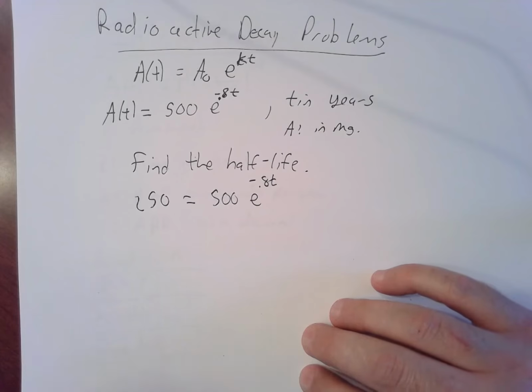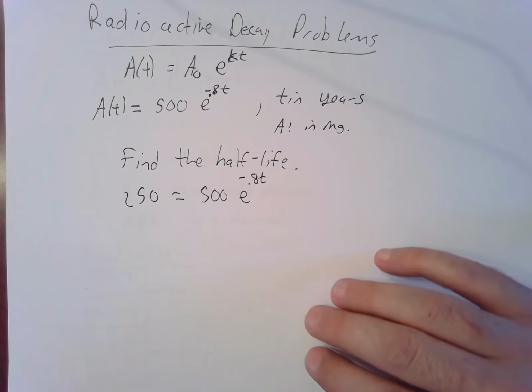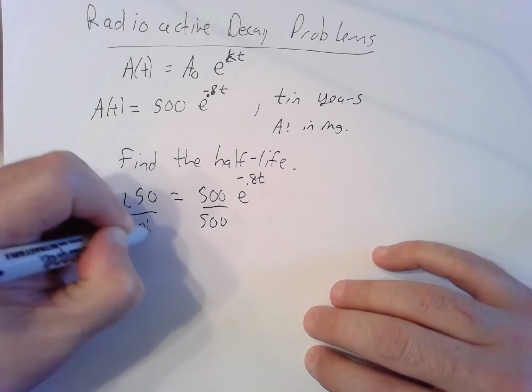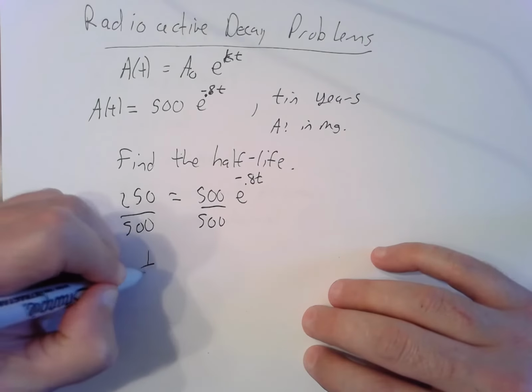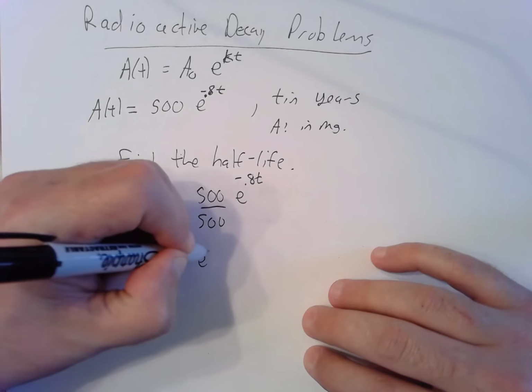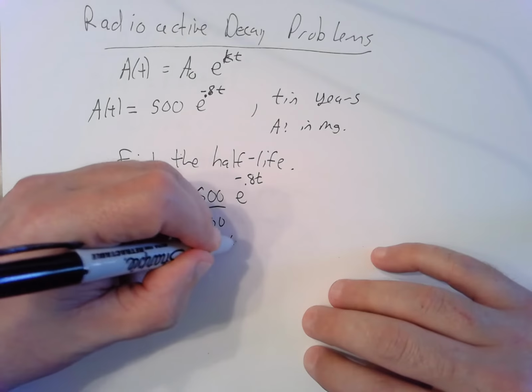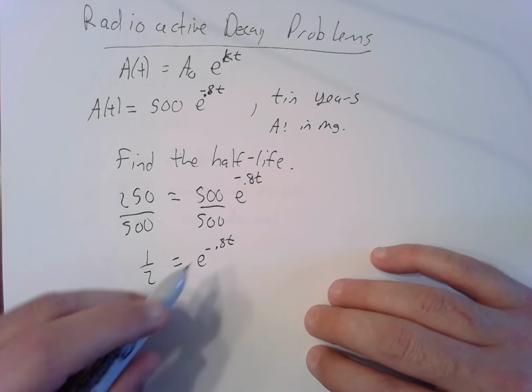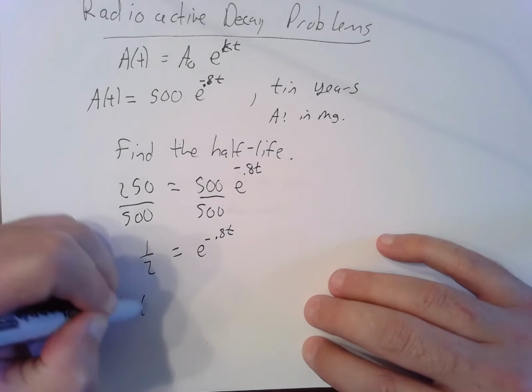And I'm solving now this exponential equation. This is a lot like the last problem. Divide over the 500. 250 over 500 is a half, so that's how much I want. I want half of what I started with. I'm going to take the natural log of both sides.